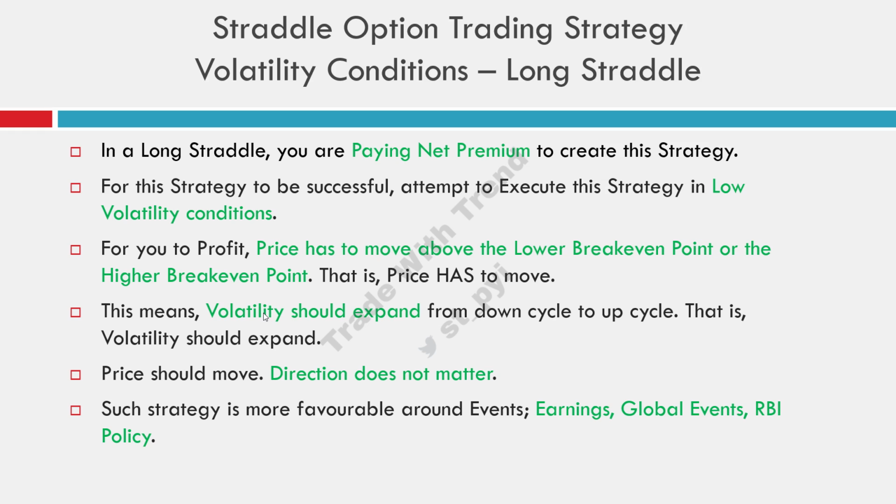Now, this essentially means that volatility should expand from a down cycle to an up cycle, and you should not be executing this strategy when volatility has already spiked out. Direction of movement does not matter, that is, whether price moves up or down, that is irrelevant.